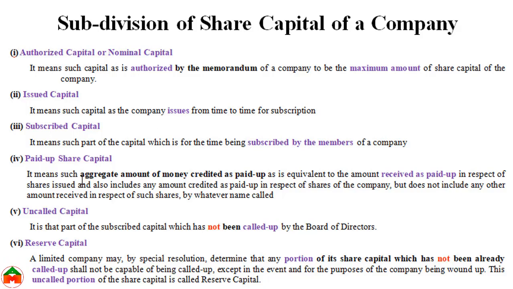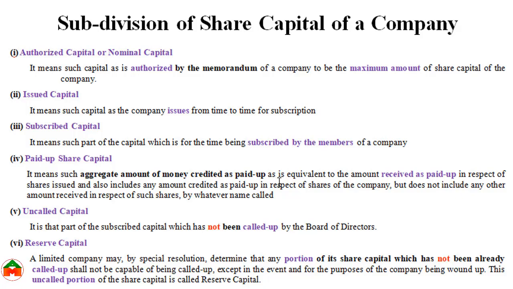And if you issue the share in installments, the paid up capital is the amount of capital that already has been paid by the shareholders out of the total installment.